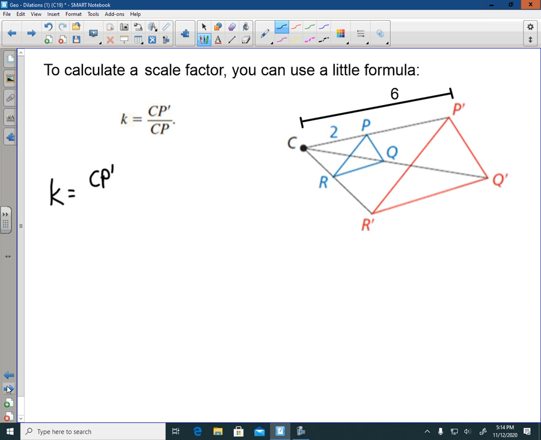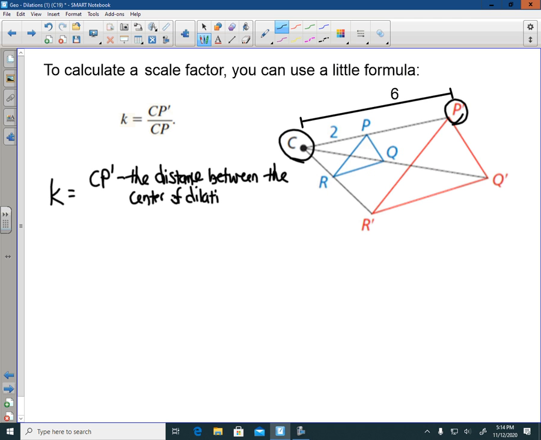CP prime is a distance, specifically the distance between the center of dilation, C, and a point on the image. Remember, the image is the object after it has transformed.